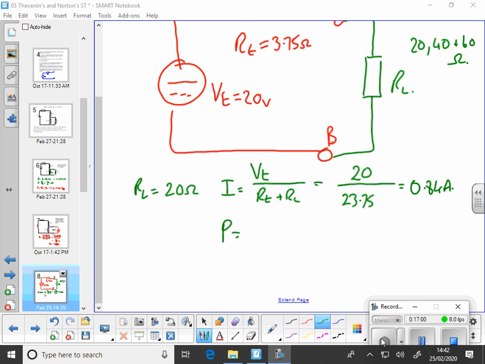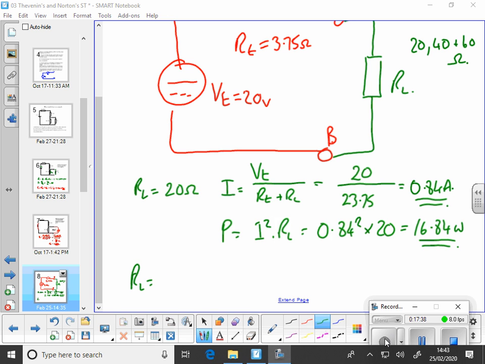And power is I squared times RL. 0.84 squared times 20 equals 0.84 watts. RL equals 40 ohms.